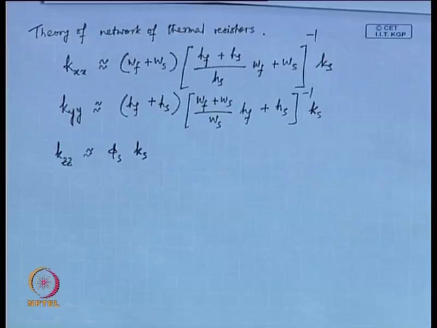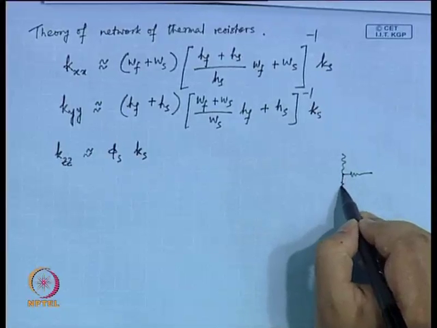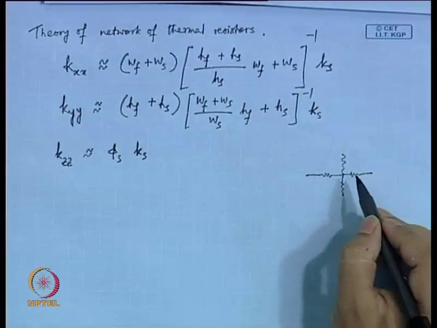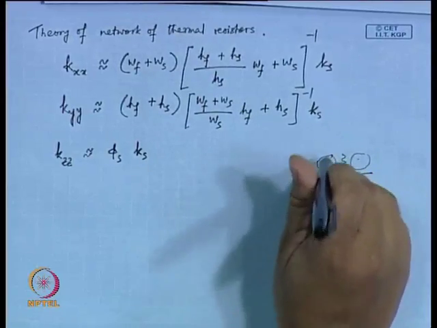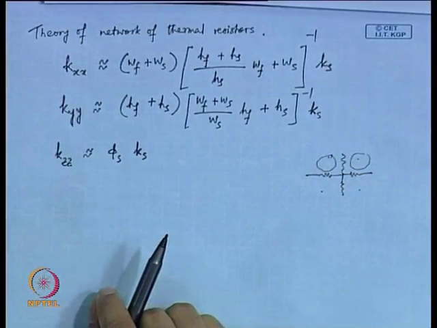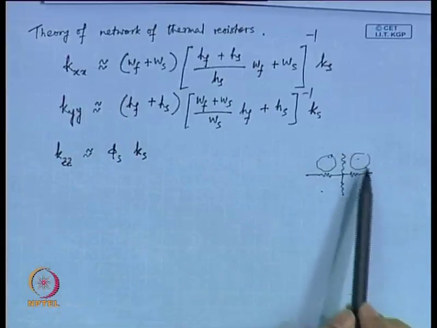So, you have thermal resistors, but how are they aligned? Think in that line. You have one channel, then you have another. Think of it. There is one channel, then this is connected to another channel in this direction, this is connected to another channel in this direction, and then you have these porous voids through which the gas is flowing. So, you have this network of thermal resistors.